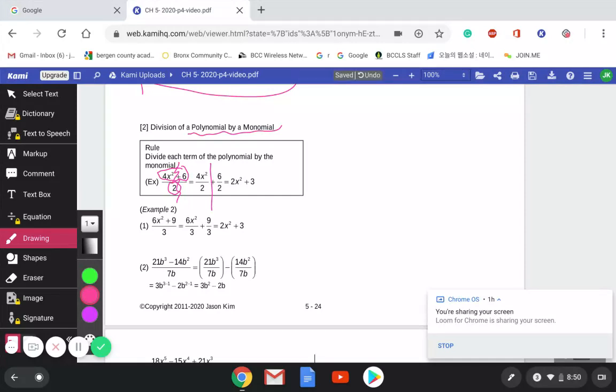So 4x squared divided by 2 is 2x squared, plus 6 divided by 2 is 3. Like example 1, 6x squared plus 9 divided by 3, you break them: 6x squared divided by 3 plus 9 divided by 3. So you end up with 2x squared plus 3.